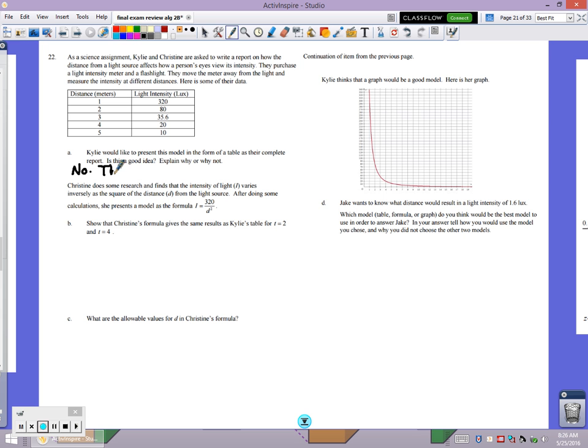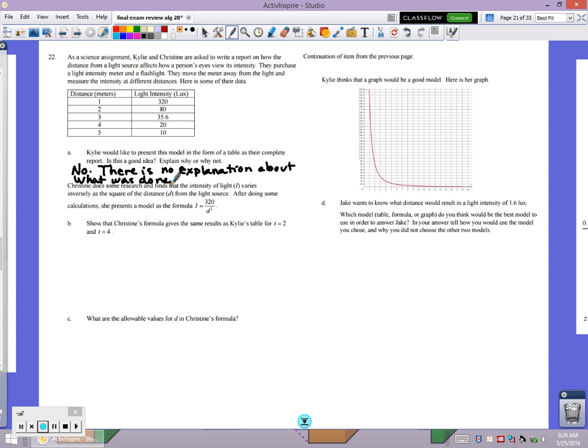There's no explanation about what they did. It's just data. So there was no explanation about what was done.